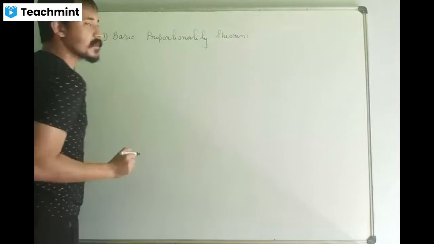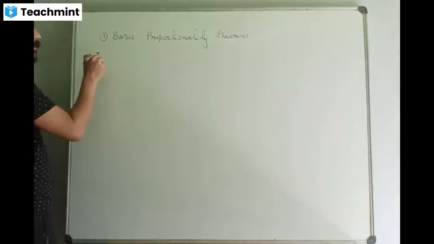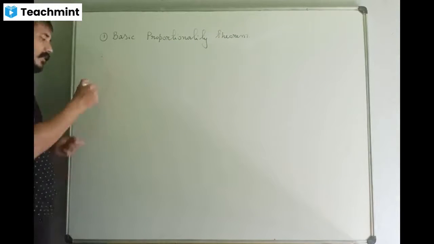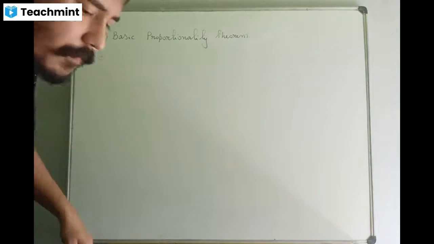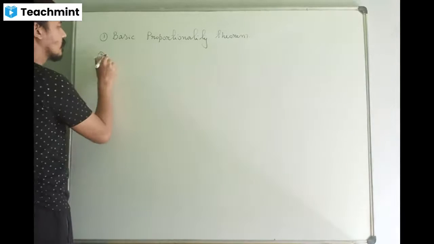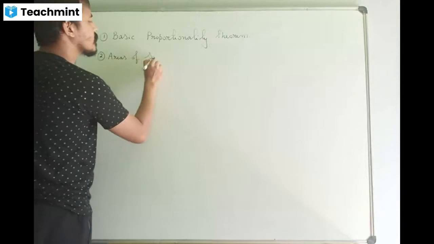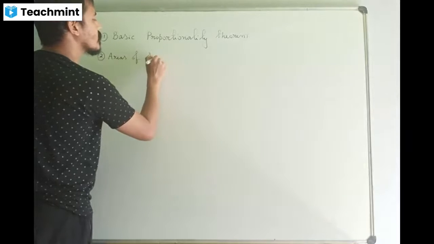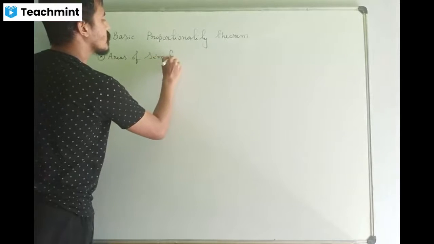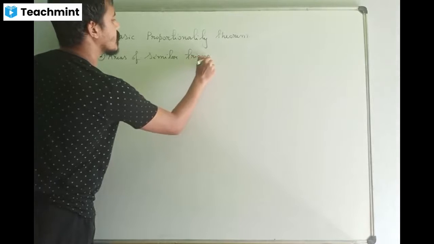So this is the first theorem that we are going to learn. The second theorem is areas of similar triangles. That is the second theorem.